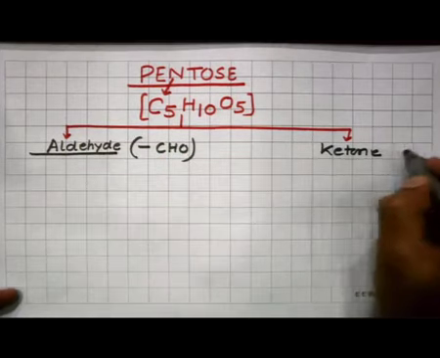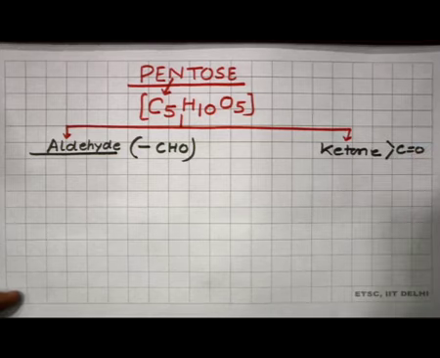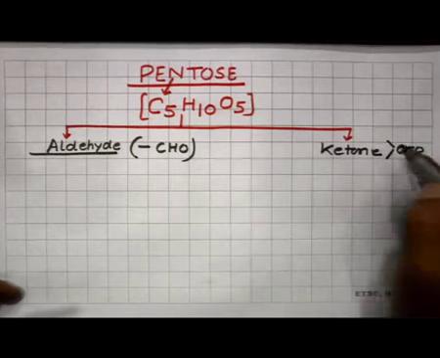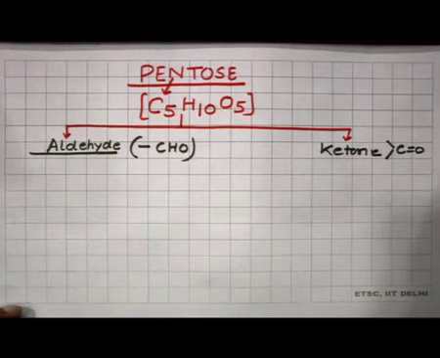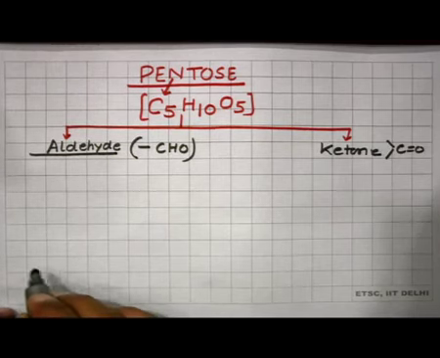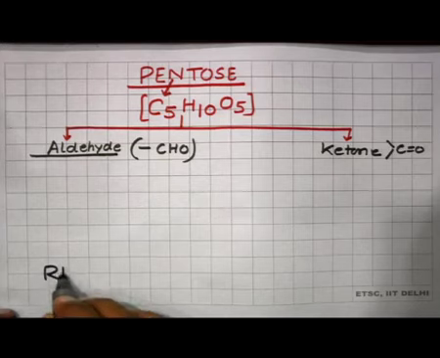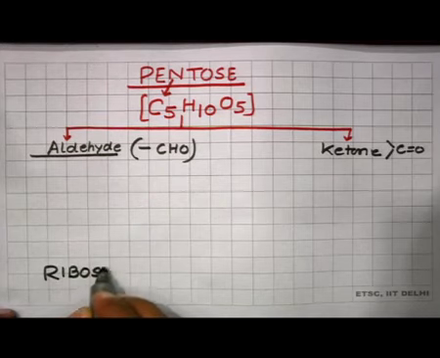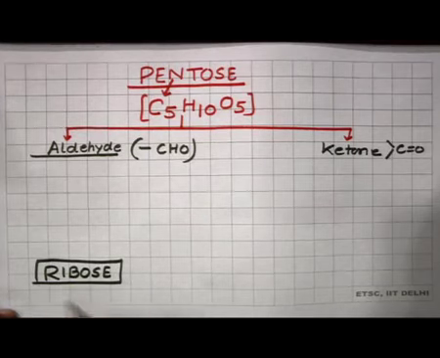Aldehyde form has CHO, ketone form has C double bond O, with two alkyl groups present. Now, the aldehydic form of pentose, example ribose, is very important. Now, you can easily write it without any hint.